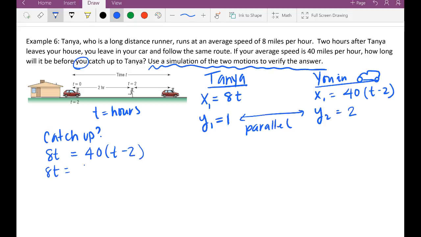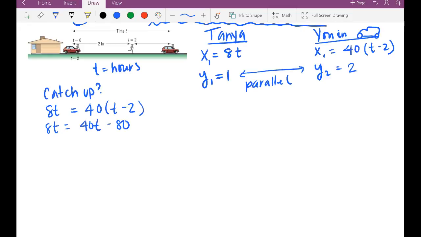We're going to distribute: 40t minus 80. And from here, we are going to move the 40t from both sides. So that's negative 32t equals negative 80. Divide both sides by negative 32. So t is going to be 2.5 hours using my friendly calculator.